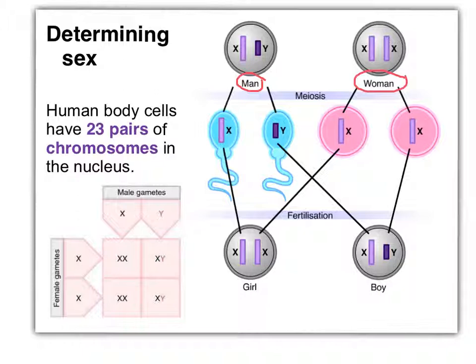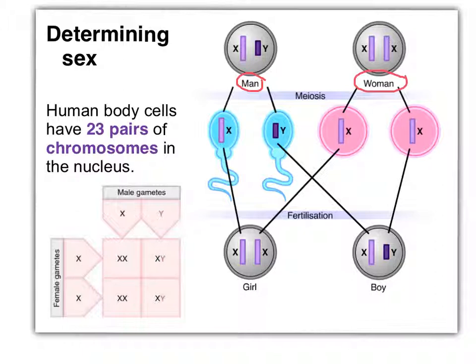Now, if this sperm here fertilises this egg, we will end up with a girl. If this sperm fertilises this egg, we will end up with a boy. The process of fertilisation is completely random. We don't know which sperm is going to fertilise which egg.